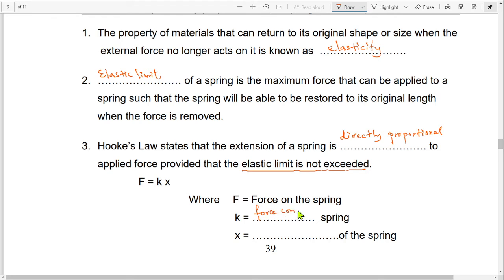of the spring, which we sometimes call the spring constant, and x is the extension of the spring. It can also be compression, but basically the same thing. It's simply positive and also negative.